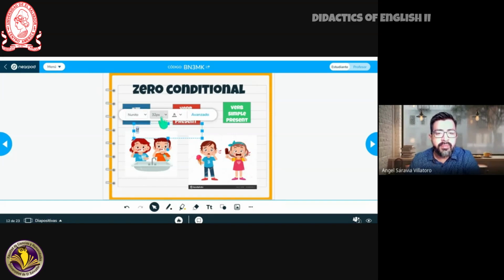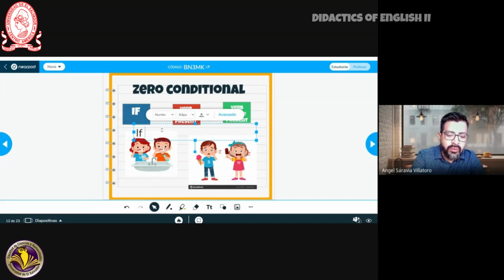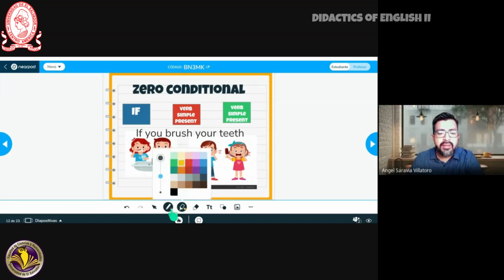So let me show you with this example over here. If you brush your teeth, this verb, guys, is in simple present. Brush, all right? If you brush your teeth, we have the brush over here, and we also have the if over here.